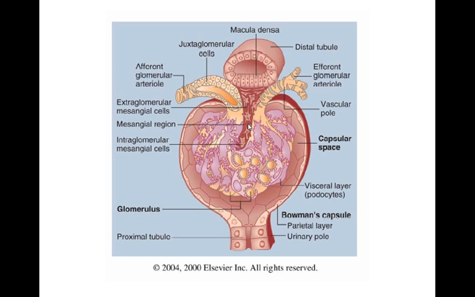Mesangial cells, by contraction, reduce the surface area, so they reduce the amount of filtration.